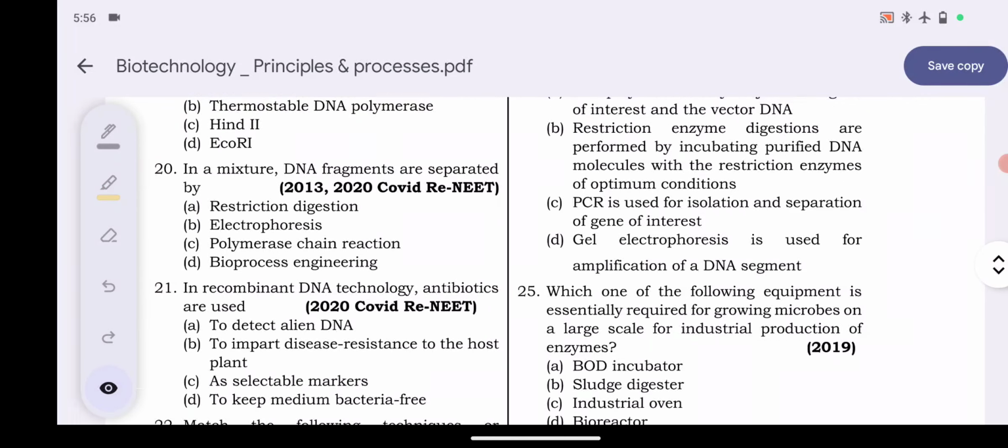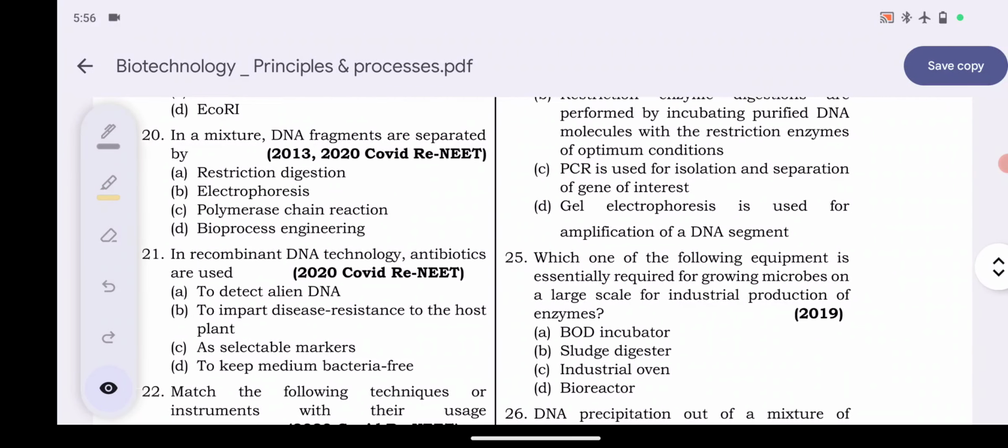Question number 20. In a mixture, DNA fragments are separated by: option A, restriction digestion; option B, electrophoresis; option C, PCR; option D, bioprocess engineering. DNA fragments are separated by option B, gel electrophoresis.